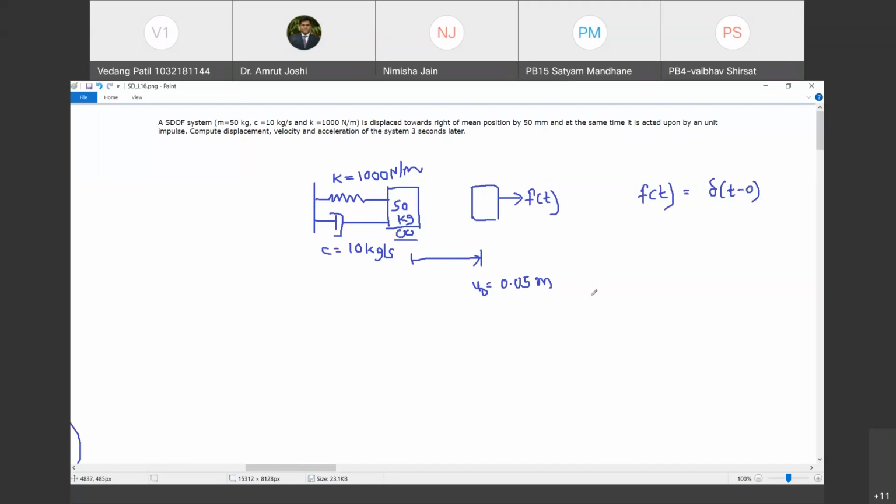Yes, sir. Why is this not opening? Lecture number 8. Is it opening with Paint? Is it opening with Chrome? Just give me a second.